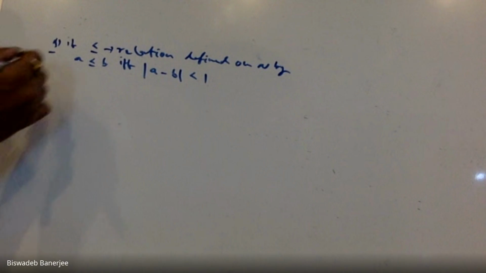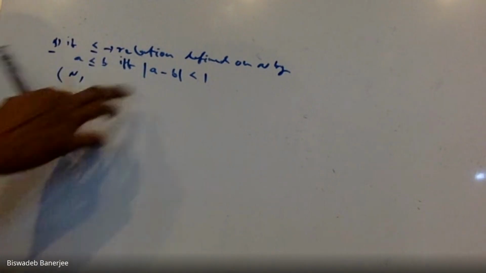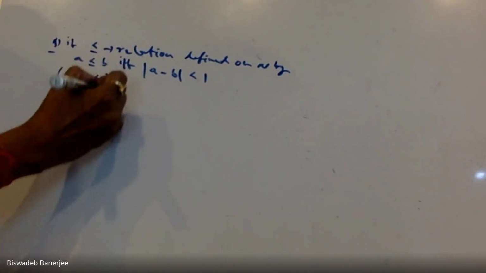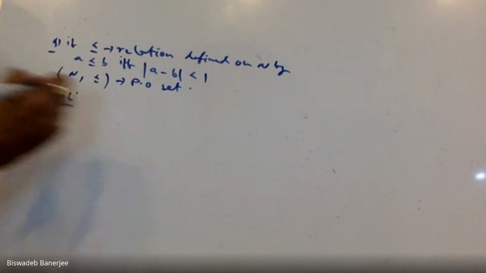The question is, we have to check whether this set N and this relation less than equal to is a PO set or not.